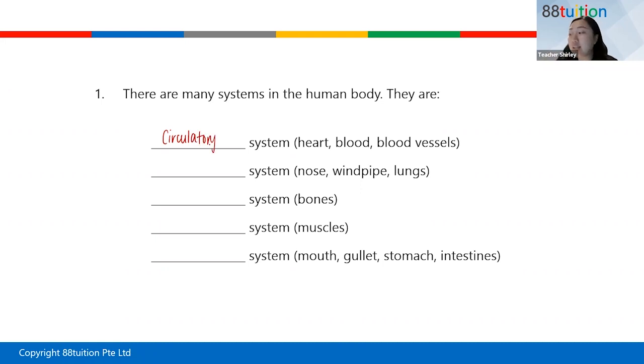Because the heart and the blood vessels help to transport substances around the body. What about the next one, Manidipa? Nose, windpipe, and lungs. Respiratory. Very good. Respiratory. Okay, next one, Ashleen.